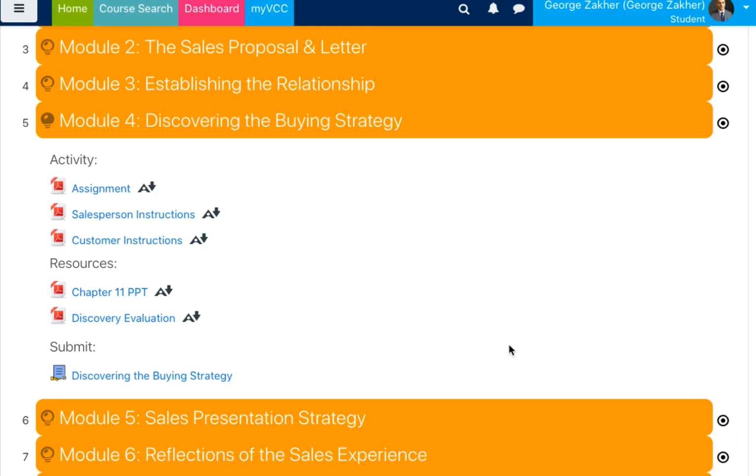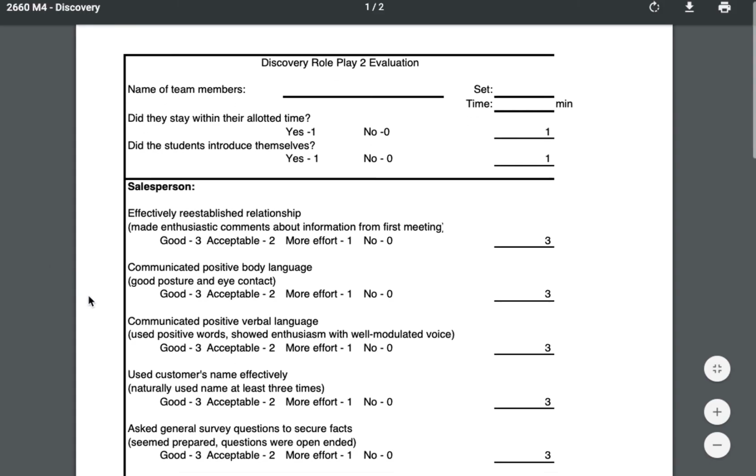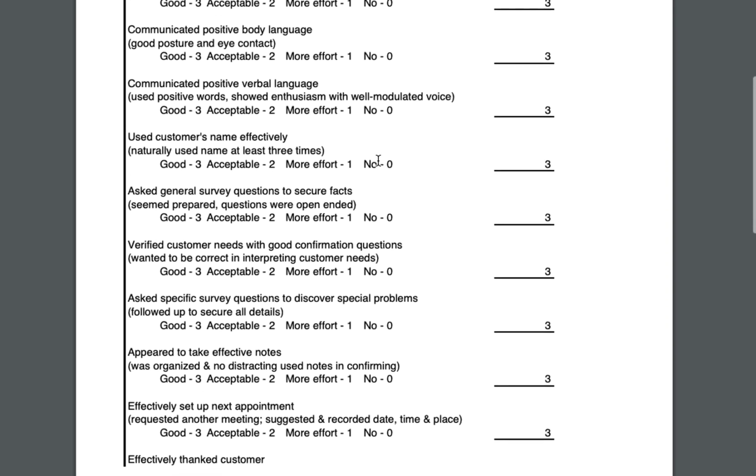So after you've read Chapter 11 and you understand the value of asking certain questions, of course, you always want to take a look at the evaluation. Now, in this case, we're looking for a little more positive body language and verbal language as well. But again, we want to make sure that we're asking good survey questions.